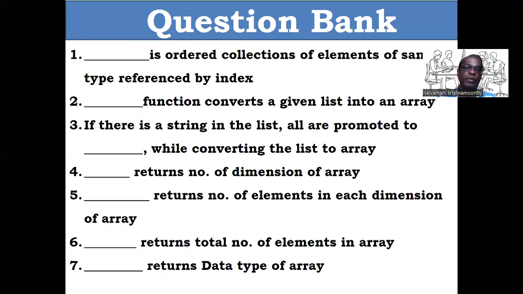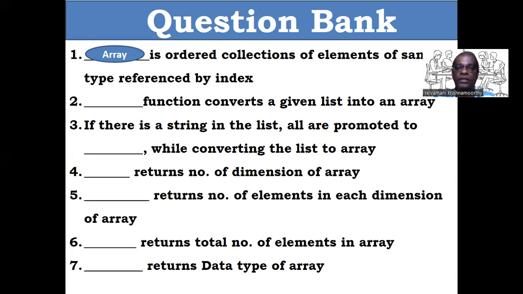Let us proceed to the question bank. Can you try to answer yourself, please? Question number 1. Dash is an ordered collection of elements of the same type referenced by index. Can anyone tell the answer? Very good. Array is the ordered collection of elements of the same type referenced by index. Please try the second answer.